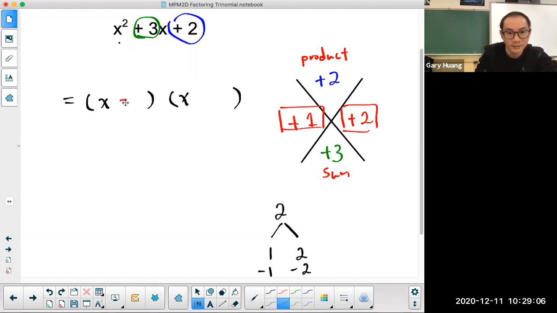You put +1 in one of them, and +2 in the other, and you're done. Because x times x gives you x squared, 2 times 1 gives you the 2, and then you do FOIL: outside, that's 2x. Inside, that's 1x. 2 plus 1 gives you the 3x. And there we go. Well, let's try another one.